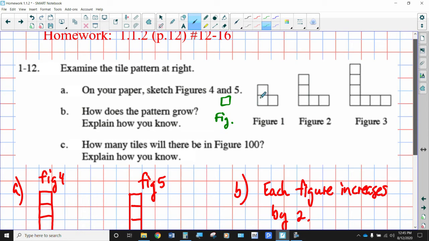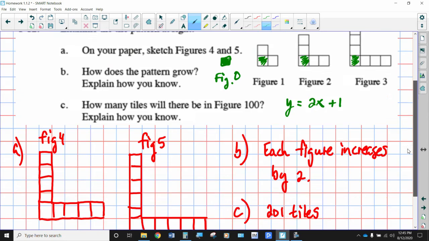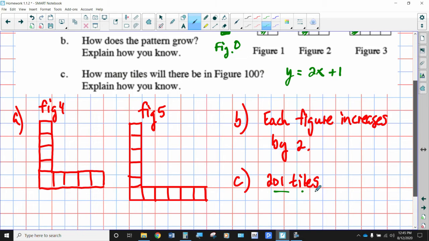So if you consider this being the original that starts with all of them, then you just take the figure number and double it and then add that 1. So 2x plus 1 looks like it would be the rule for this particular situation. The 100th figure would have started with your figure 0 there in the bottom left-hand corner, but you'd have 100 going up and 100 going to the right for a total of 201 tiles.